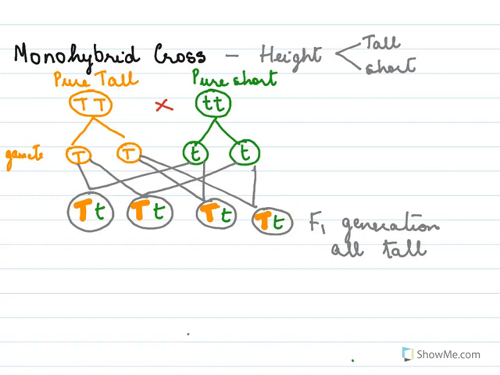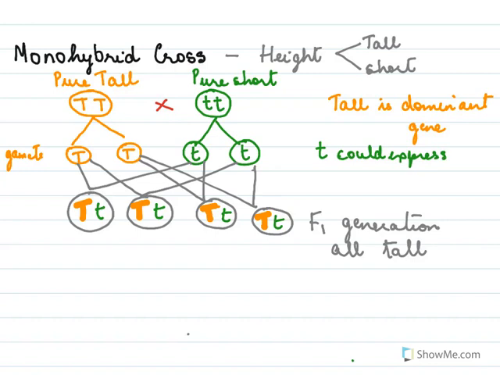So the conclusion you can derive from here is that tall is a dominant gene. And the small t could not express itself. The short could not express.